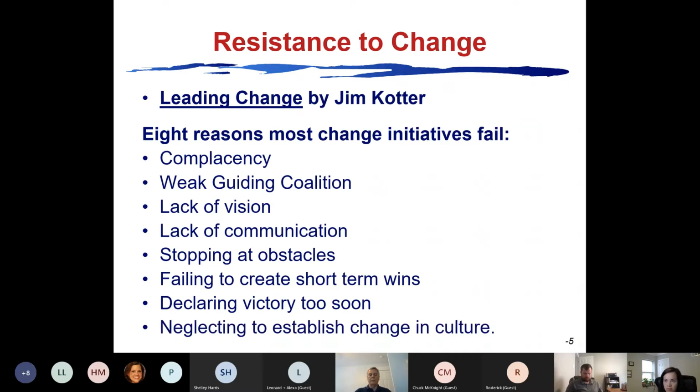And the big one is you have to establish a culture of change. You have to establish, and only you can do this, you have to let it be known that we are not going to tolerate where we are. We are going to continually improve, and continuous improvement means just that. We are never, ever satisfied.